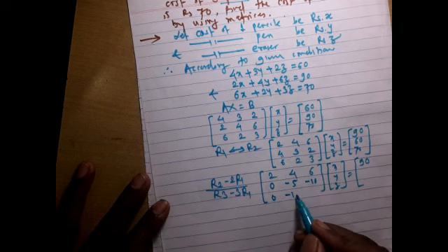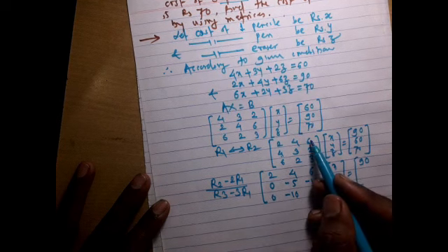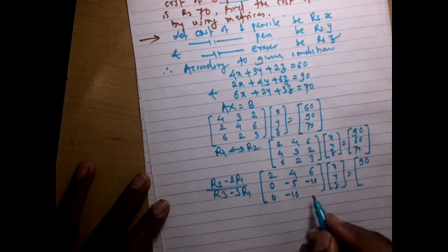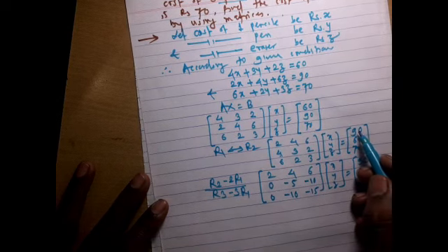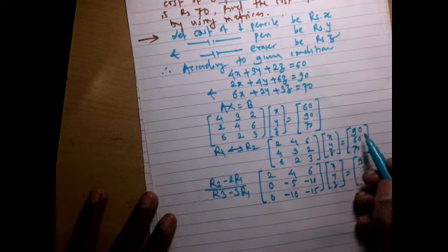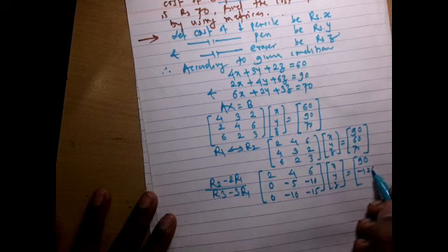Bigger number is minus, so minus 10. 6 to the 18, minus 18 plus 3 is minus 15. On this side, 90 minus 180 is minus 90, 60 minus 180 is minus 120, and this is minus 200.